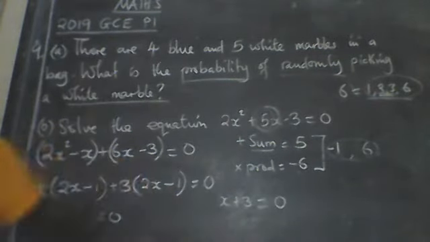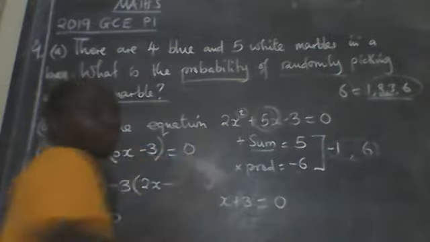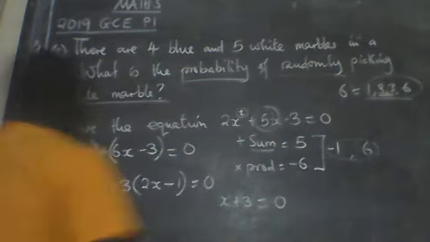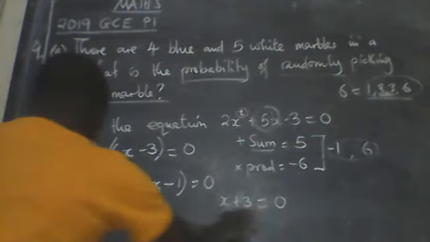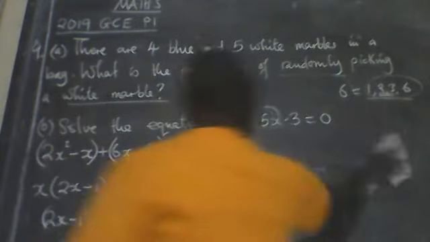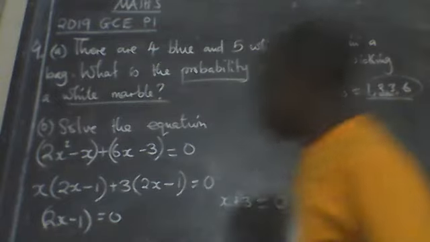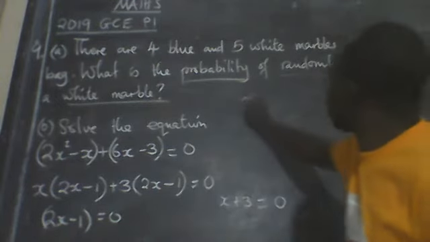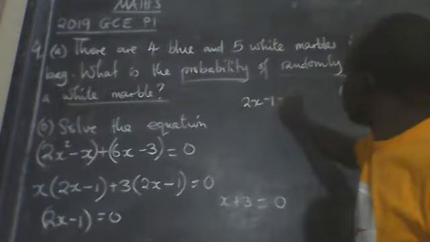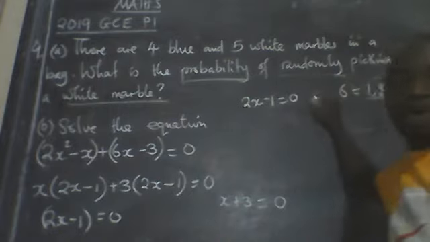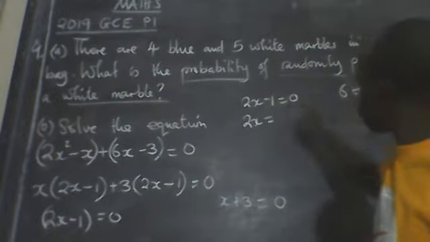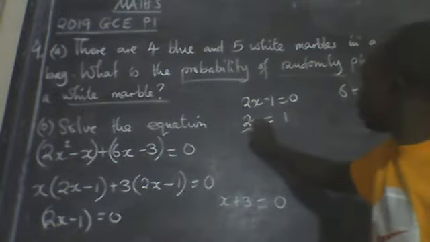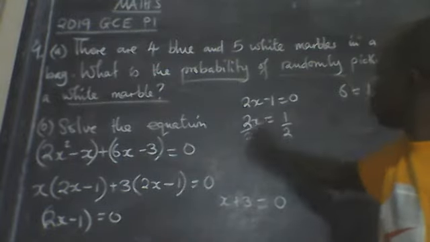So you equate. Remember, it's a quadratic. It should have 2 values. So I can now solve this one and also solve this one independently. I have the first one here, which is 2x minus 1 is equal to 0. So this will give me 2x is equal to 1, the negative 1 crossing the equal sign, then divided by 2 on both sides.